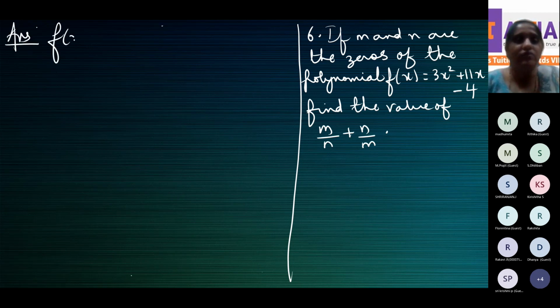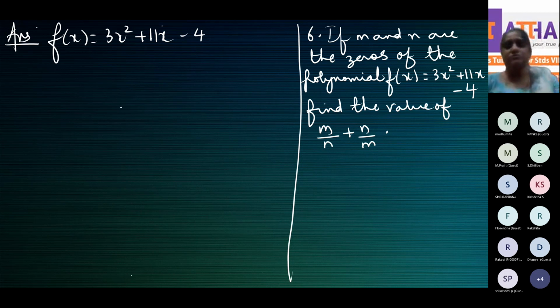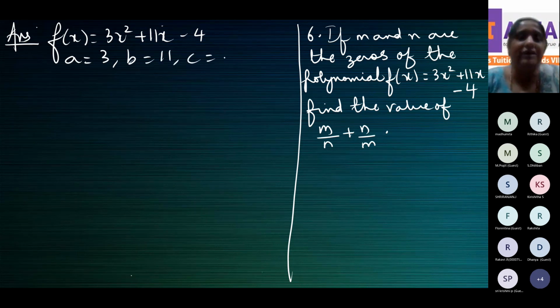Okay. So f of x is given to be 3x squared plus 11x minus 4. All right. So always, what do you do? Always, you should bring out the values of a, b, c, and then find the sum of the zeros and the product of the zeros. So what's the value of a? A is 3, b is 11, c is minus 4.